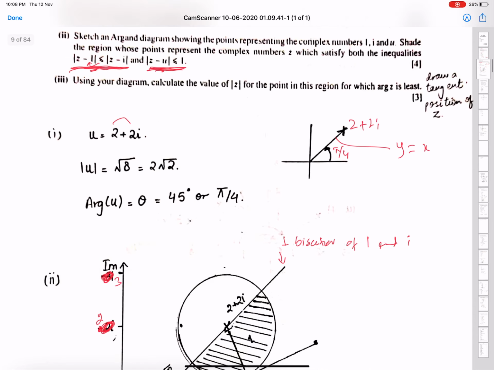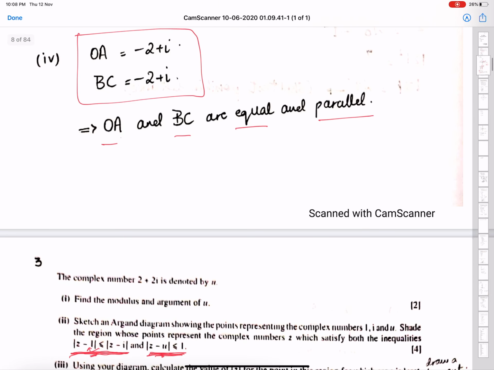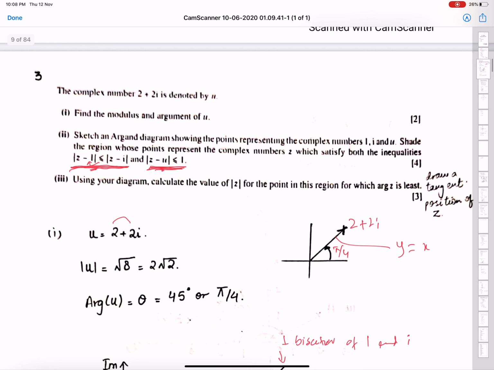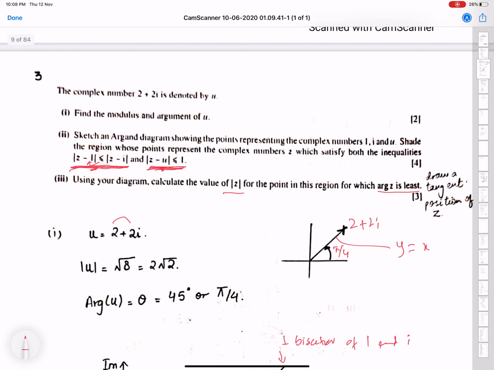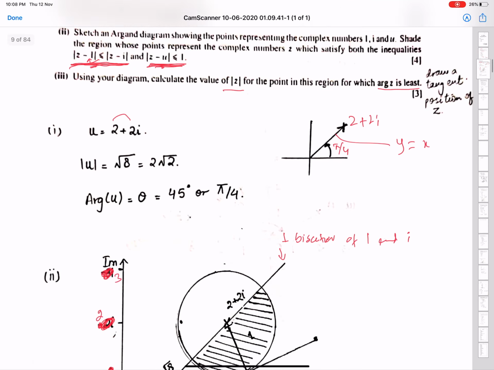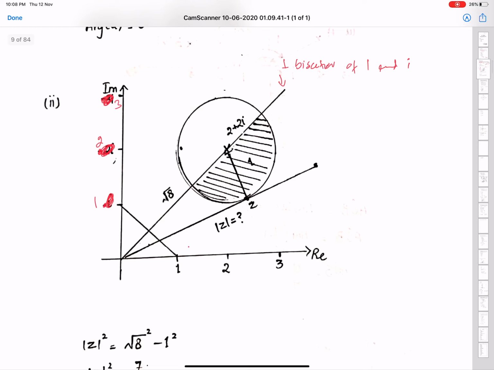Now the next part of this question is, using your diagram, calculate the value of modulus z for the point in this region for which argument z is least. Well, z is either on the circumference or here.